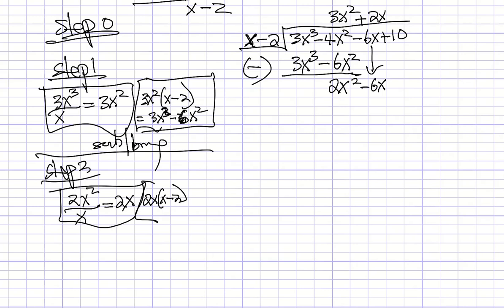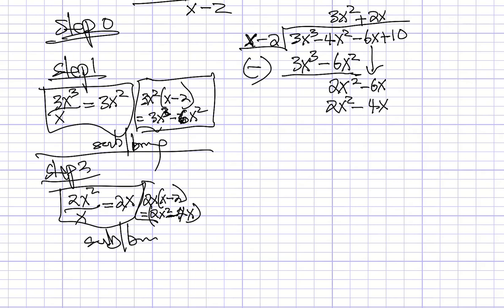That equals 2x squared minus 4x. You see it, right? That's what we got there. So you put it over here, 2x squared minus 4x. And then you subtract and you bring something down.